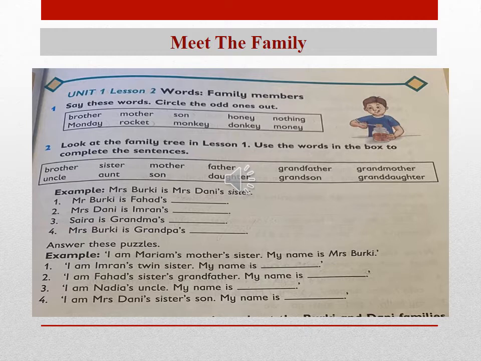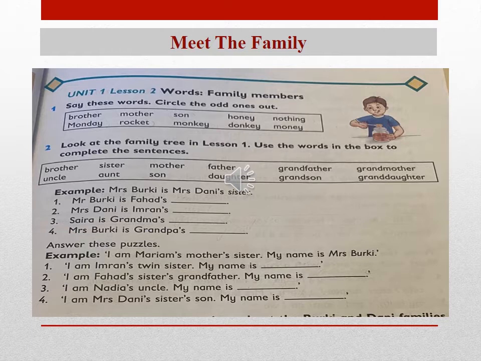Monday doesn't have the same sound as any other word. Even rocket doesn't have the same sound as any other word. Monkey and donkey have the same sound. So we have 3 similar sound pairs: brother, mother, honey, money, monkey, donkey. The rest of the words you have to circle.